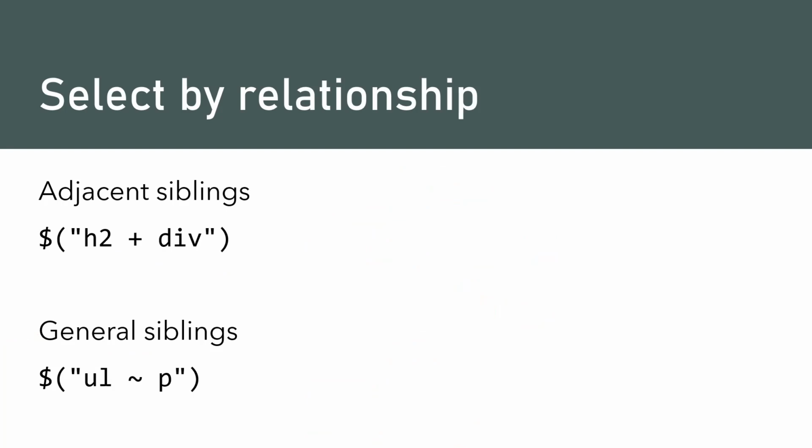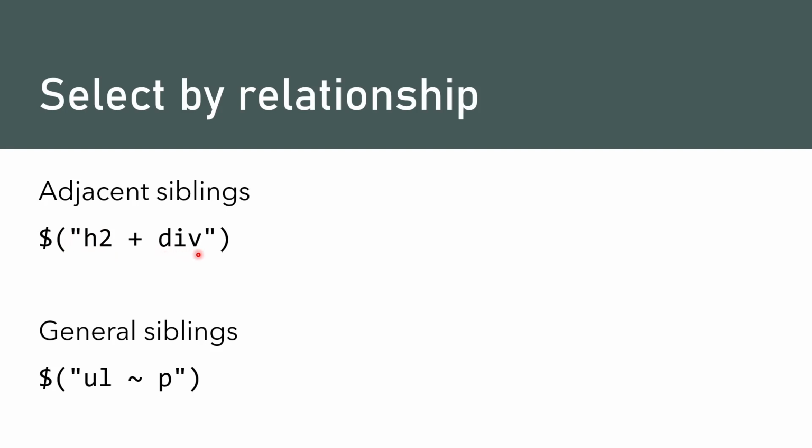And jQuery also has special selectors for selecting siblings. So, for example, this selector, using the plus operator here between two selectors, it will get adjacent siblings. So this will get all div elements that are adjacent siblings of H2 elements.